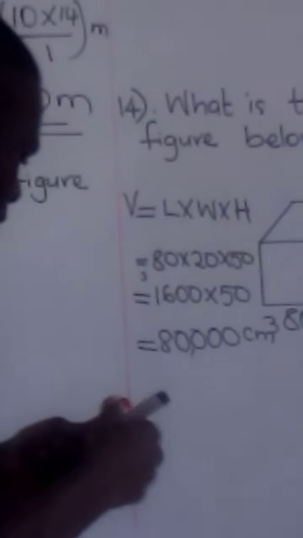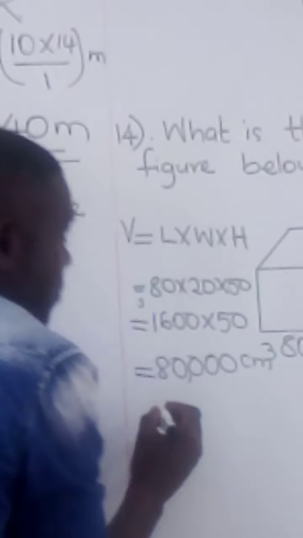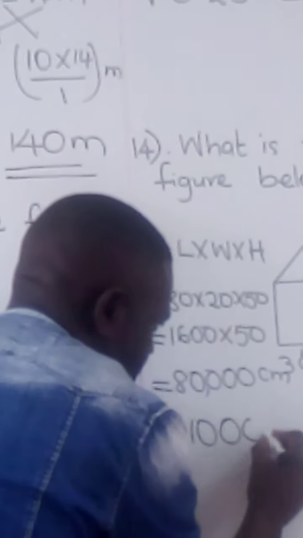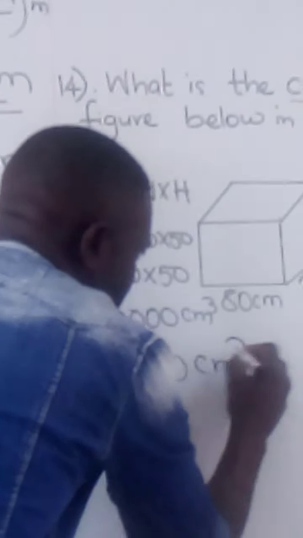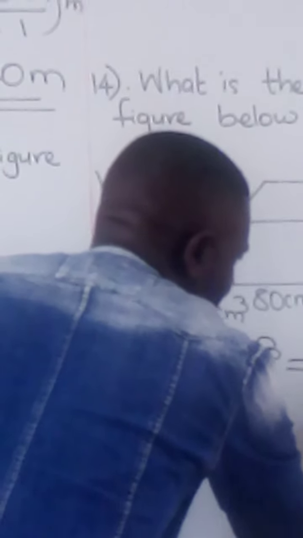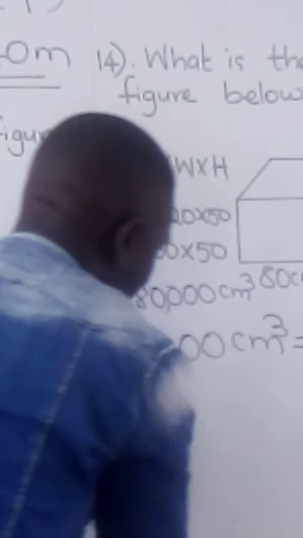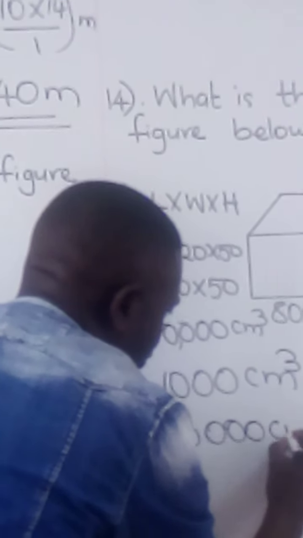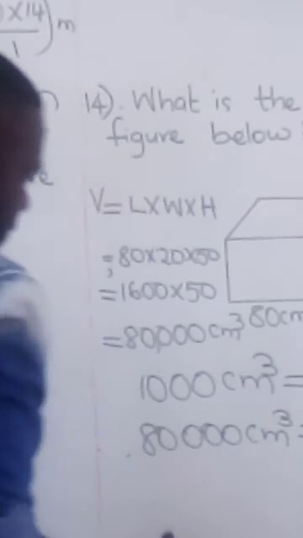We ask ourselves, how many cubic centimeters make 1 liter? If 1,000 cubic centimeters are equivalent to 1 liter, what about 80,000 cubic centimeters?